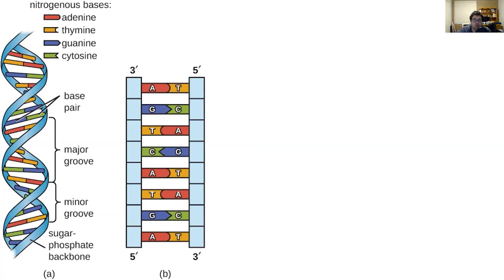It also shows that those nucleotides are matched up in pairs. Every A goes with a T, every G goes with a C, and so forth. At the top and bottom, there is 3' and 5' on the left-hand side, and 5' and 3' on the right-hand side.